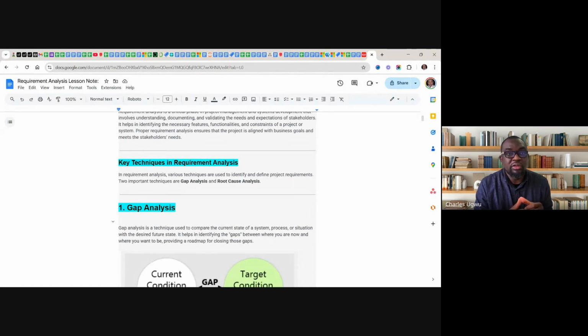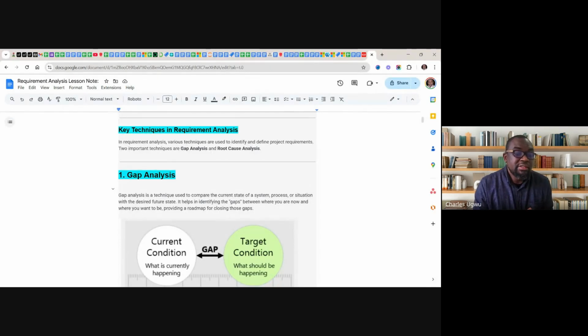These are the most industrially used techniques. So most companies or most organizations or most problems or solutions you are going to be solving might not go beyond gap and root cause analysis. So let's focus on this.